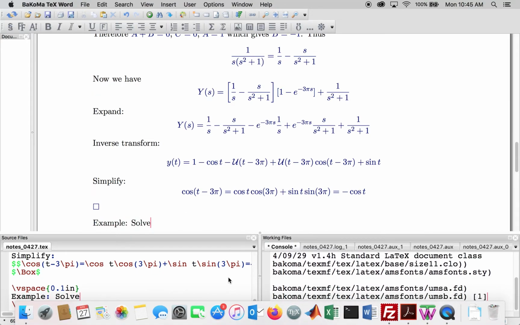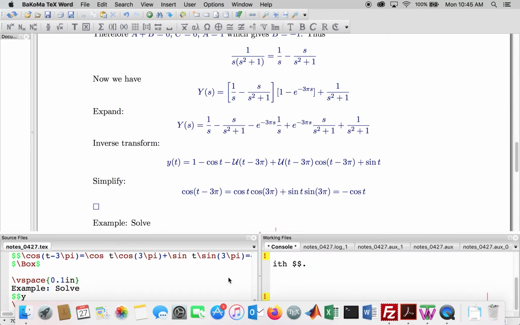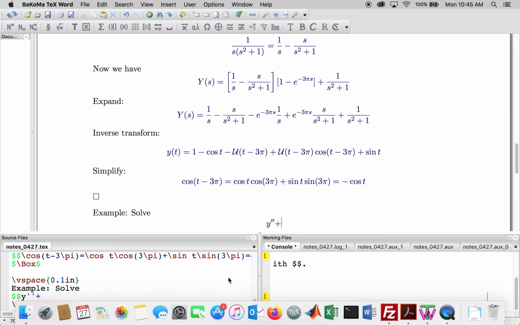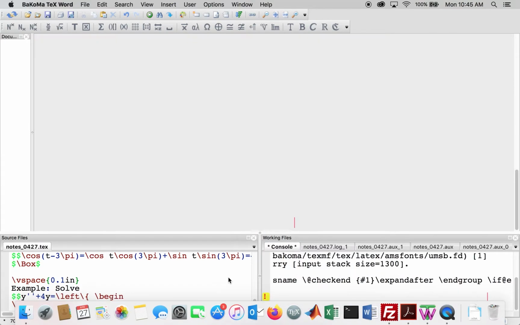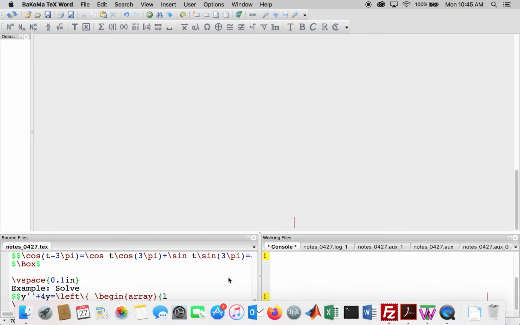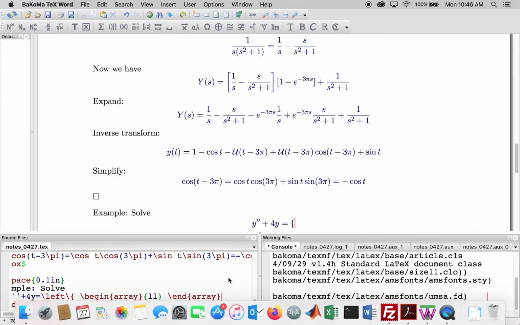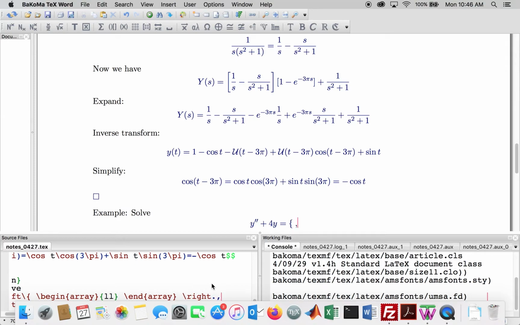So the problem we will solve is y double prime plus 4y is equal to... I'll fill in the right side in a little bit.